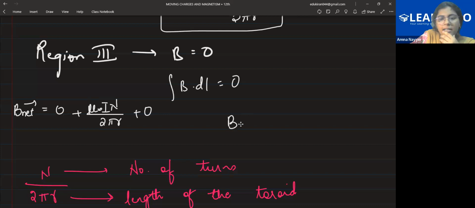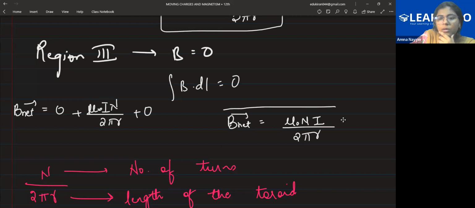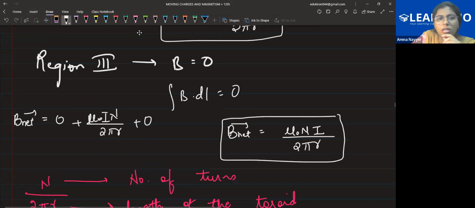So the net magnetic field is mu naught nI by 2 pi r. Now class, if you just focus on this 2 pi r, what is 2 pi r in terms of a circle? dl. Area. Yes, what is 2 pi r? Area of a circle is written as 2 pi r.